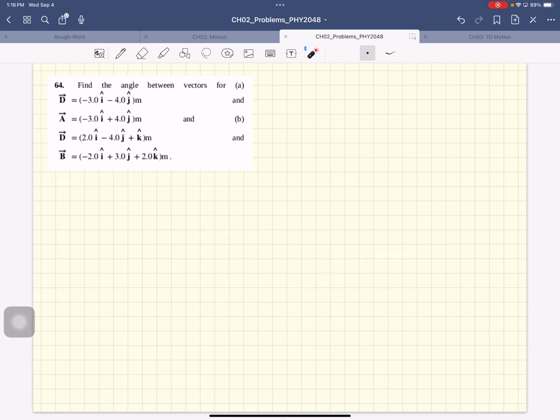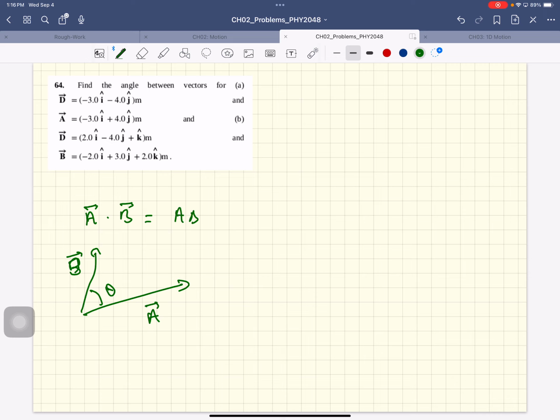All right, so this is a dot product problem. Whenever they ask you to find the angle between vectors, and again this is a general thing. So for instance, if you remember, the dot product of two vectors A and B involves the angle between the two vectors, A B cosine theta.